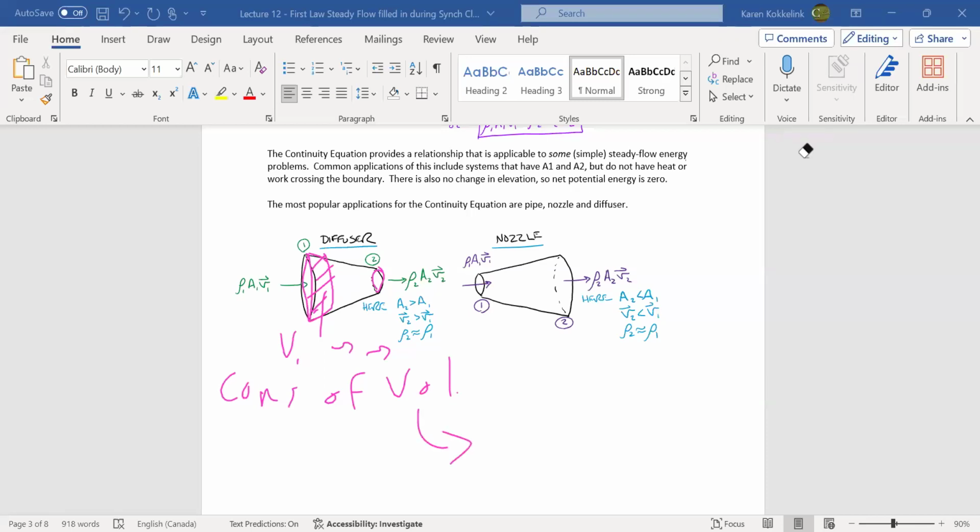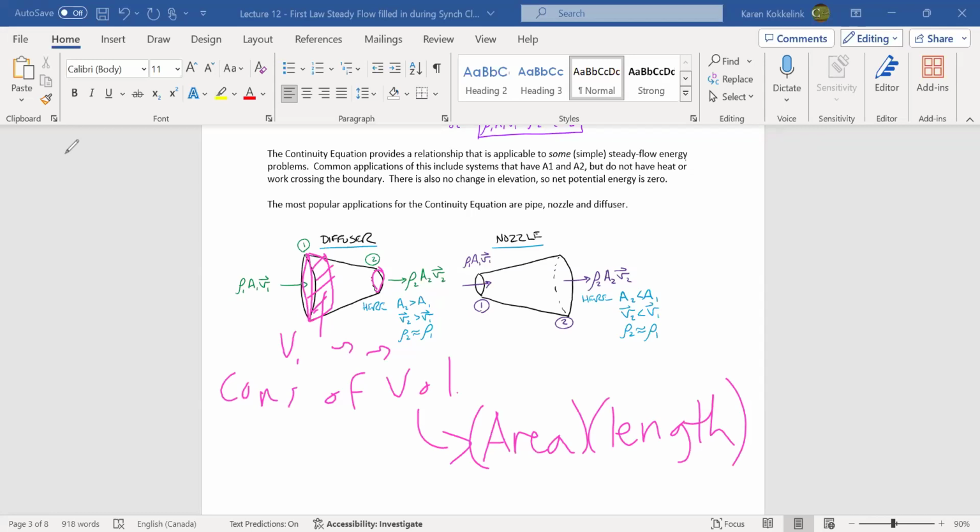And volume is cross-sectional area times length, right? That would be sort of the volume of a hockey puck. And this is like a hockey puck, but it's got beveled edges because it happens to be a diffuser, right? But basically it's the cross-sectional area times the length. Here, the cross-sectional area is two different areas. But anyway, you can calculate that volume.